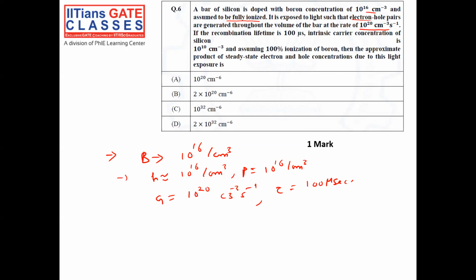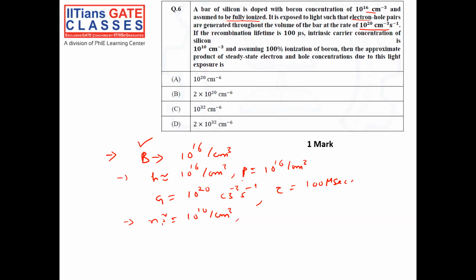The intrinsic silicon concentration ni is equal to 10 power of 10 per cm cube. Assuming 100% ionization of boron, which we have already assumed, each boron atom gave one hole to the valence band.